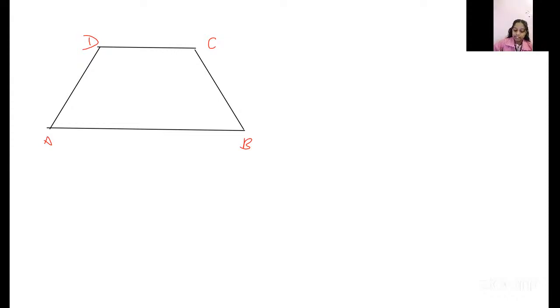If I take a look at this trapezium, can I locate a rectangle? Yes, ma'am. Two triangles and one rectangle. Yes, I can locate a rectangle. Hope you can see the rectangle.